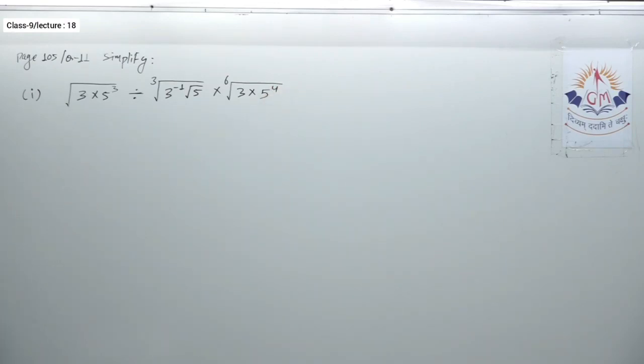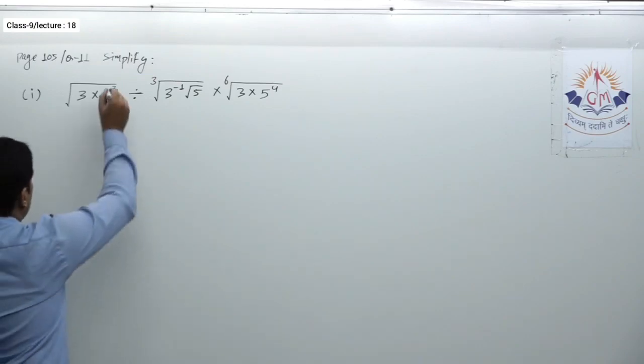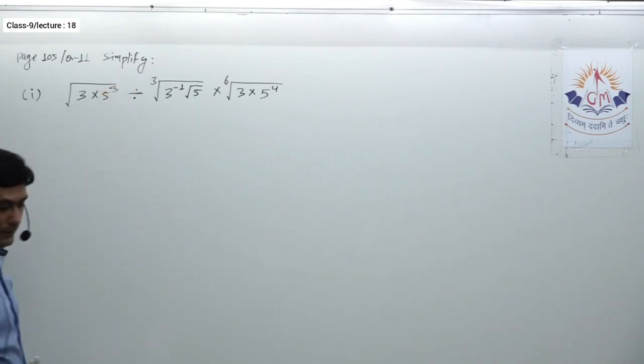Okay, square root of 3 multiplied by 5 raised to minus 3, divided by cube root of 3 raised to minus 1 root 5, multiplied by sixth root of 3 multiplied by 5 raised to 4. So let us see how to solve this.